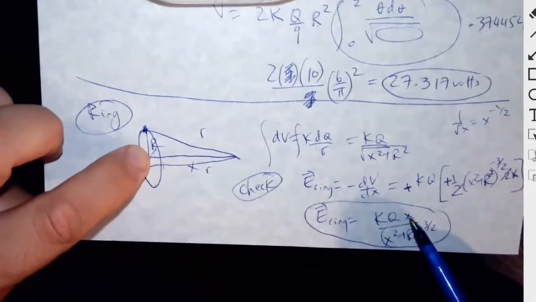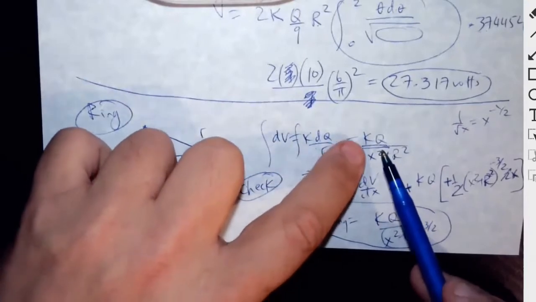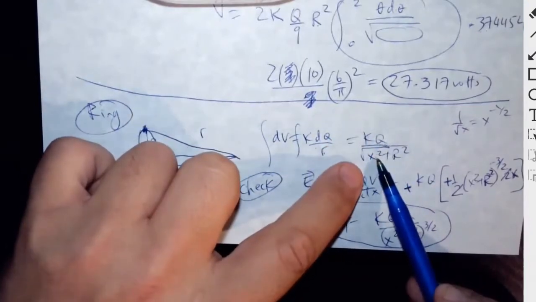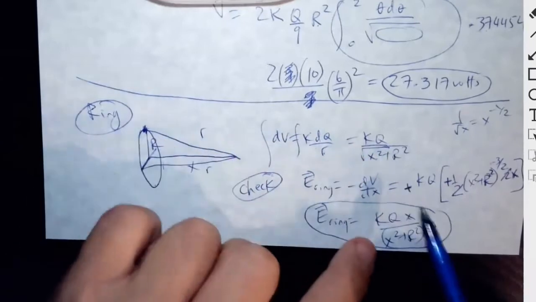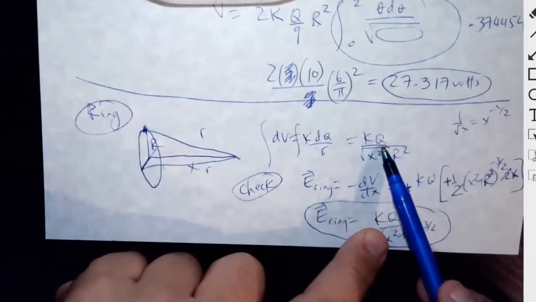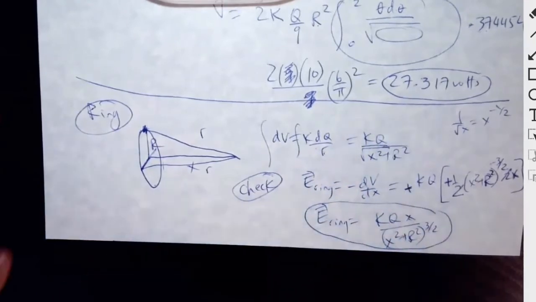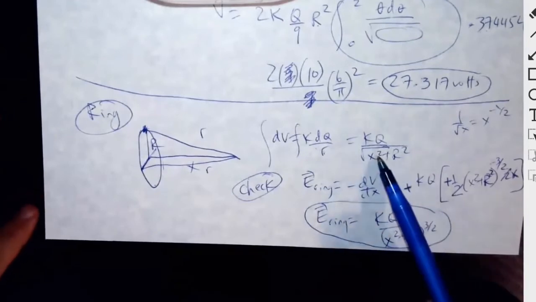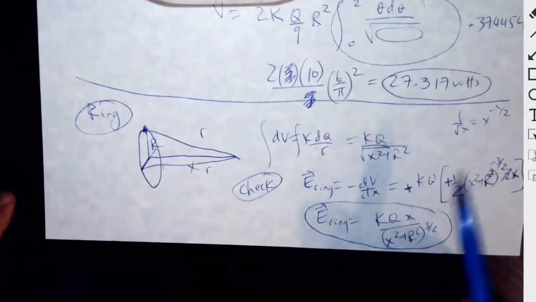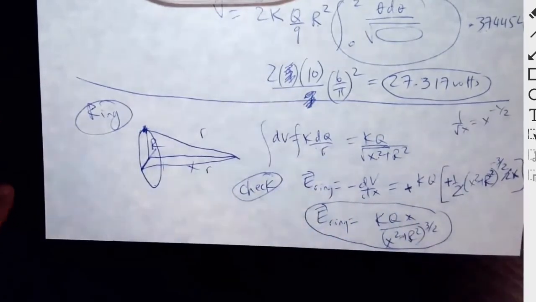So you can definitely see in this case it's advantageous to first calculate voltage, because it's even easier, even though the field was also easy to calculate. So that technique of finding V first and negative differentiating it really is advantageous, especially in this case. So then you get the electric field of a ring.